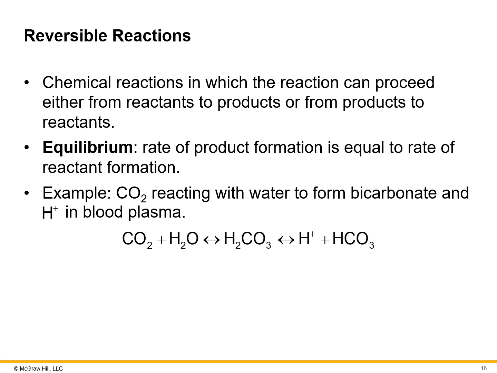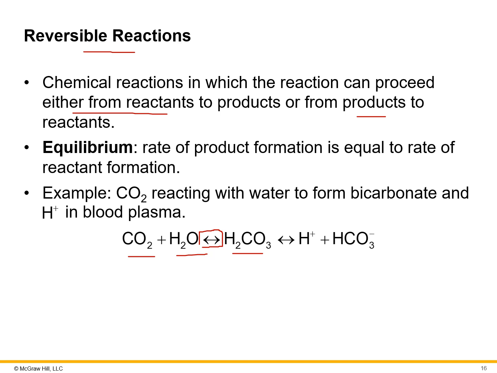Now, most reactions that we'll talk about with metabolism are reversible, which just means it can proceed either from reactants to products or products to reactants. An example here is one that's used for buffering in our blood. We have carbon dioxide, CO2, and water, which come together to form what's called carbonic acid. Now, this symbol here, where we have our arrow going in either direction, means it's reversible.